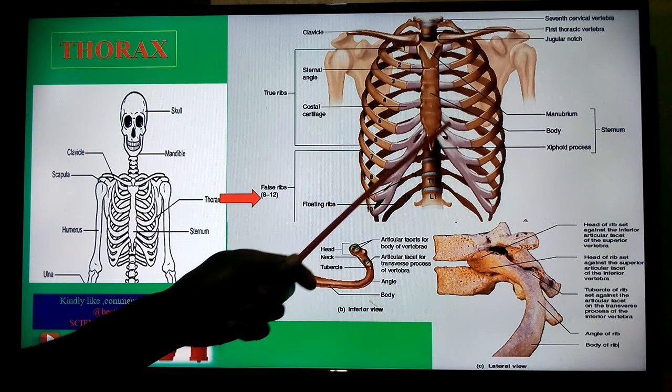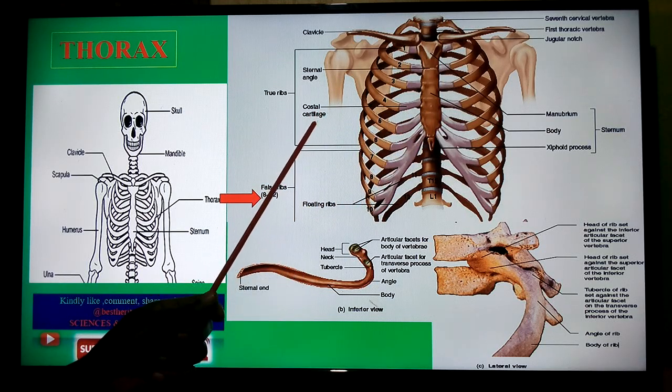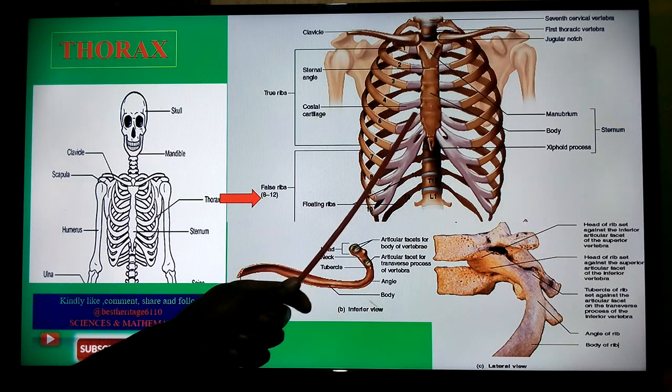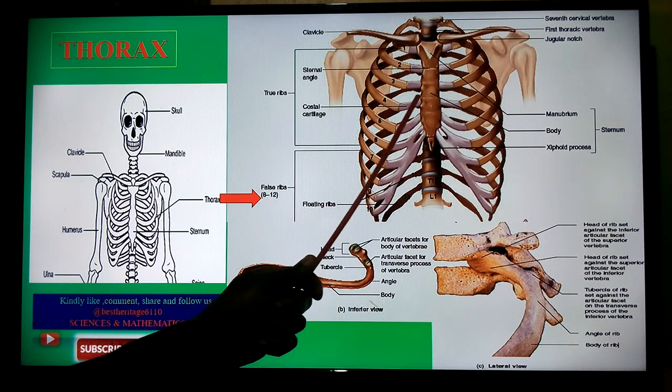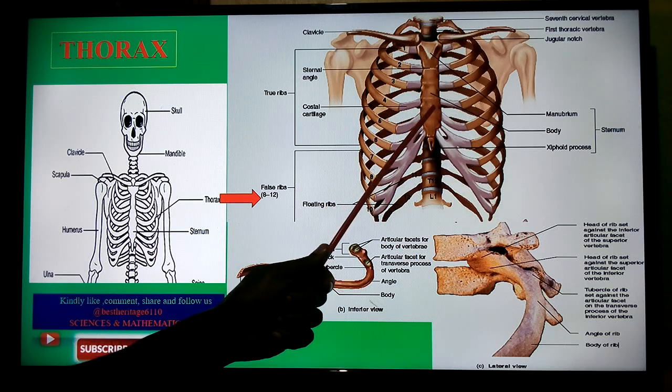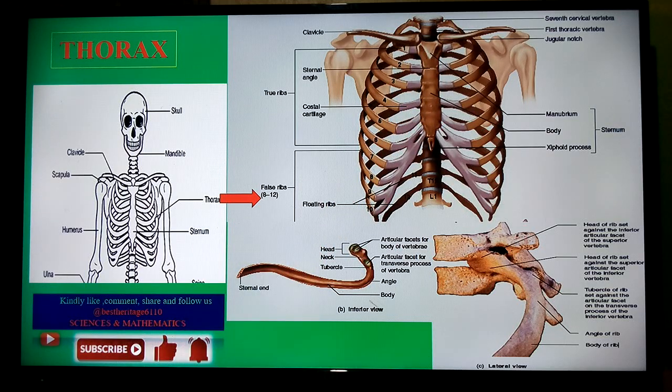If we look at this specific point, we've got what we refer to as costal cartilage, and this forms part of what connects the ribs together with the sternum at this point, and therefore this falls under the category of cartilaginous joints. These particular bones form a range of bones which are under the immovable joints.